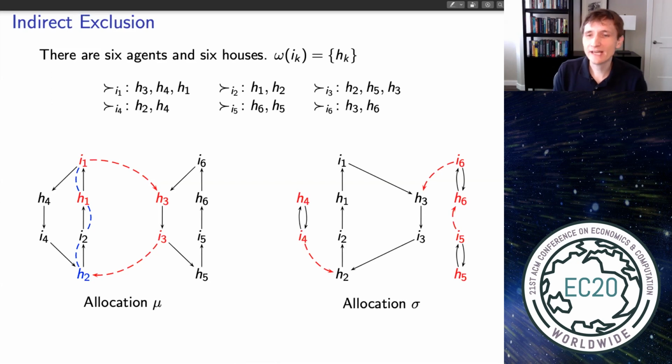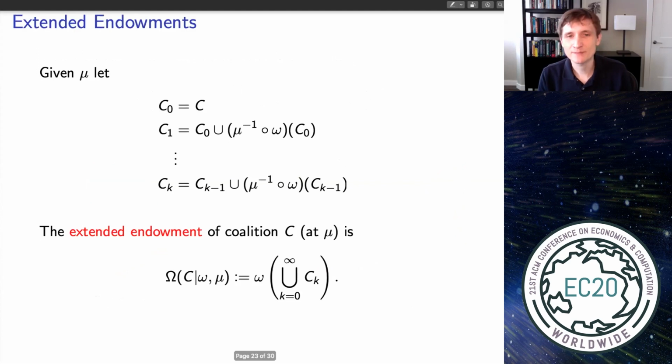Okay, so here again, there's a coalition of agents that would like to reallocate houses, but that group in the center, right, the pattern of trade insulates them from any threats of exclusion or reclamation that the others would want. Okay, so we use this idea of these chains basically to define the coalition's extended endowment as follows, right?